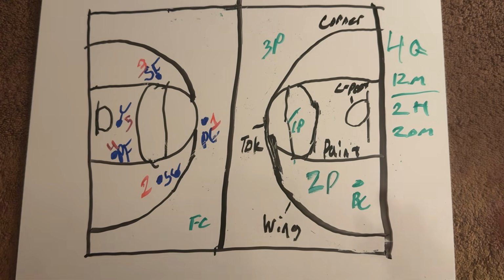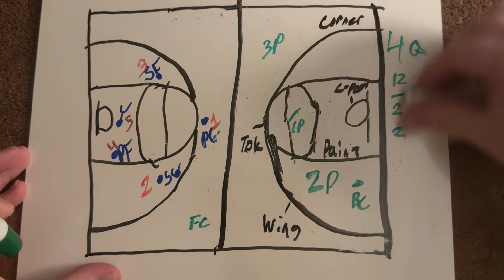And there are slight variations in different leagues around the world. I think EuroLeague is a little bit different when it comes to the actual playtime. And I think high school is also a little different, but that's not what we're focusing on. So that is the timing rules.